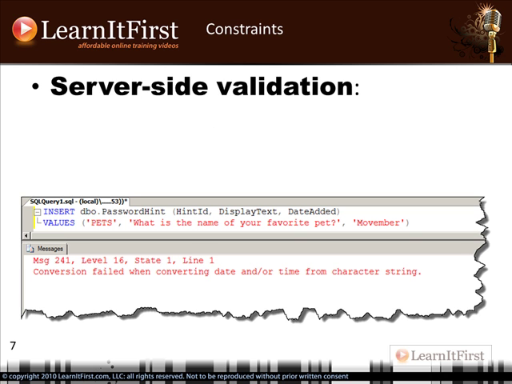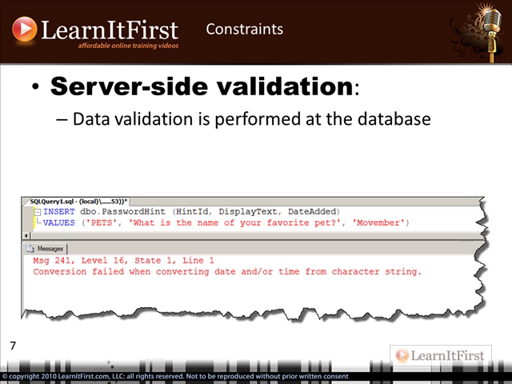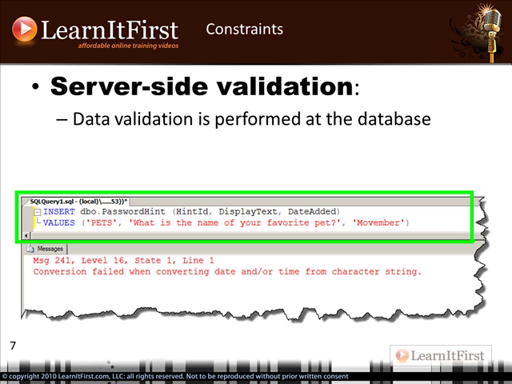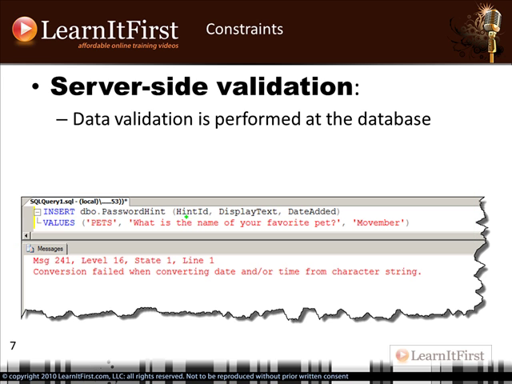Okay? Client-side validation. Now, server-side validation, this is when your data validation is performed at the database level. Like, for example, the application sent over an insert statement that looks like this. Now, I know we haven't completely covered the insert statement yet, but you can probably figure out that hint ID is this, display text is now this, and then the date added is this.